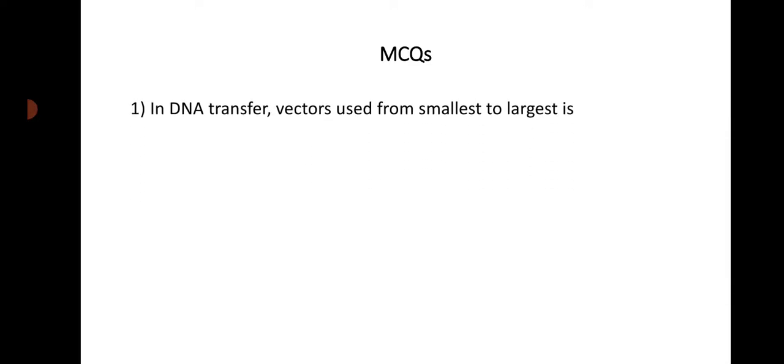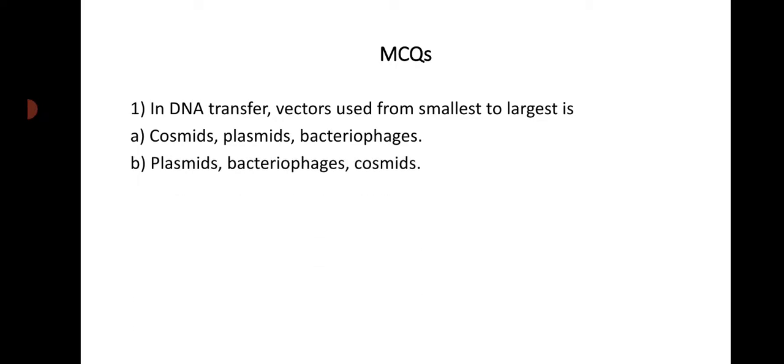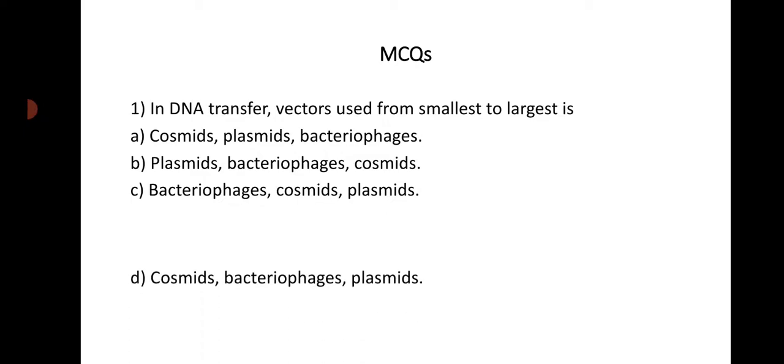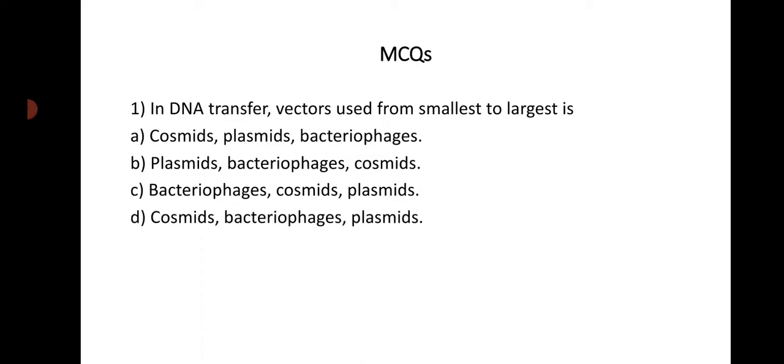Coming to MCQs. In DNA transfer, vectors used from smallest to largest are: cosmids, plasmids, bacteriophages; plasmids, bacteriophages, cosmids; bacteriophages, cosmids, plasmids; cosmids, bacteriophages, plasmids.